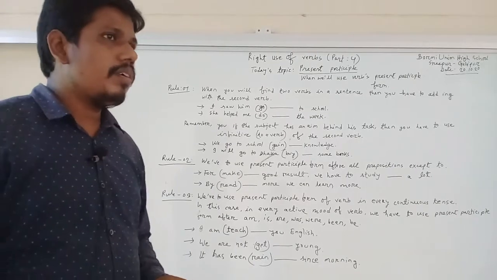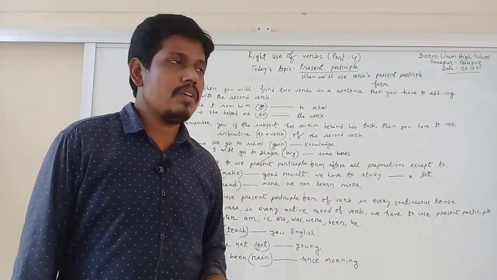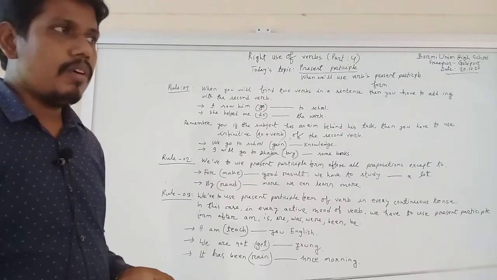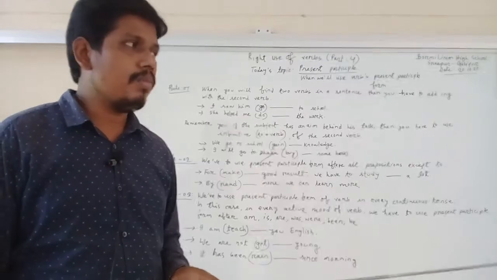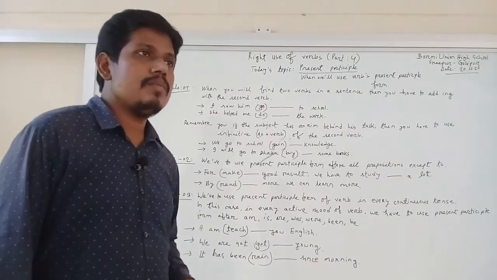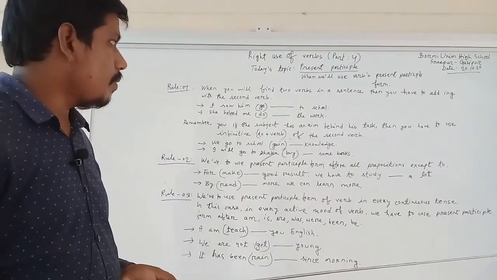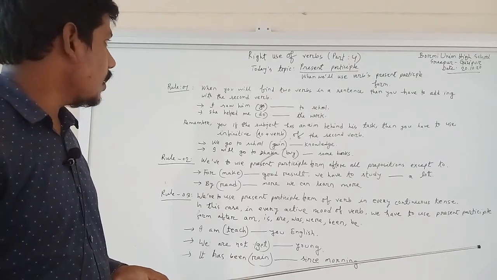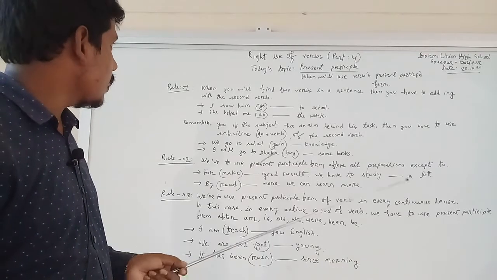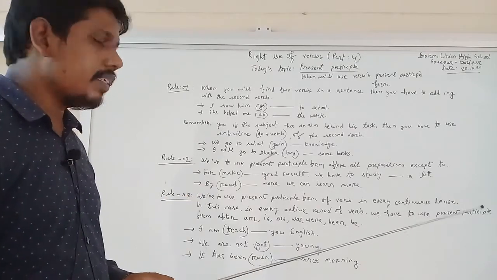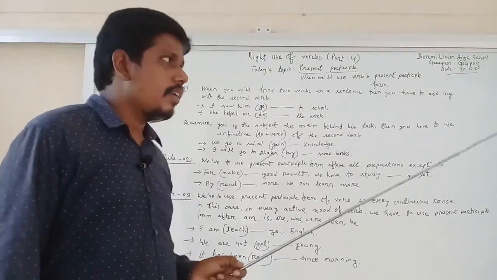You know, a verb has different sorts of forms: present form, past participle form, present participle form, infinitive form. And in our previous videos, we talked about present, past and past participle form. Today we are going to discuss present participle form, and we will discuss 3 rules today.